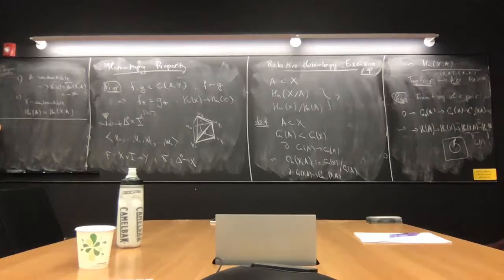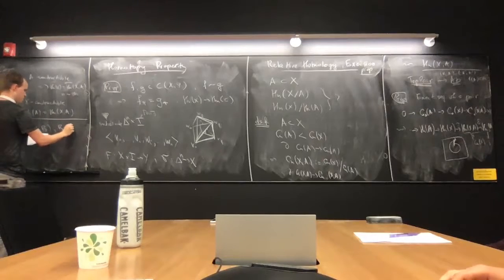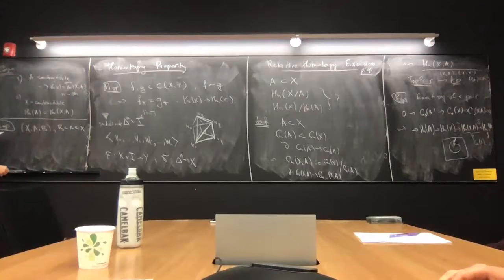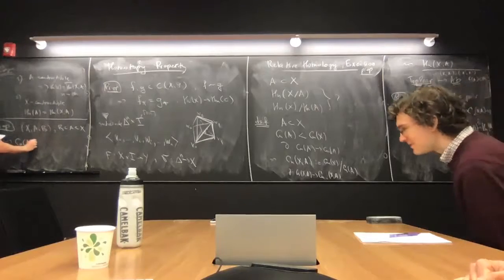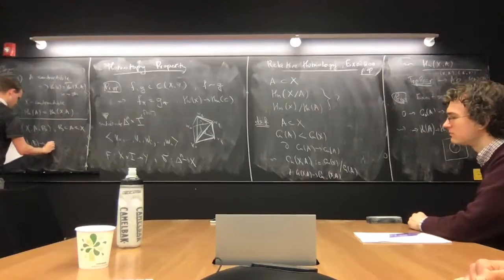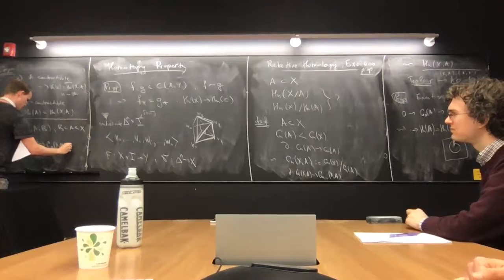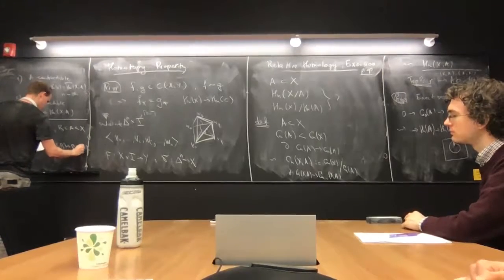All right. So there's another exact sequence which is sometimes useful for topological triples. So you can have X, A, B, where B is in A is in X. Then you have this exact sequence, which should also be obvious.